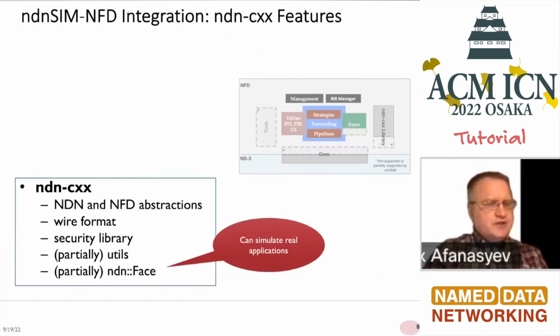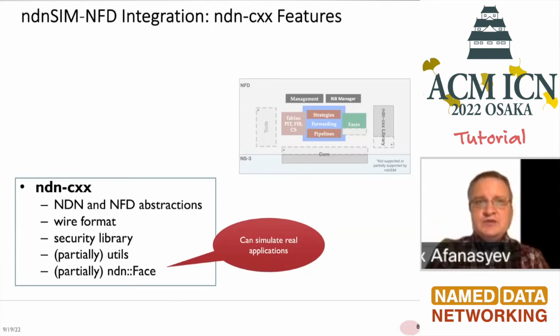I highlighted that we can use real applications, I wouldn't say completely real applications, but rather taking the code base of real applications and applying it inside ndnSIM. For this, we did special hacking of the NDN face, which is part of the ndnCXX library.